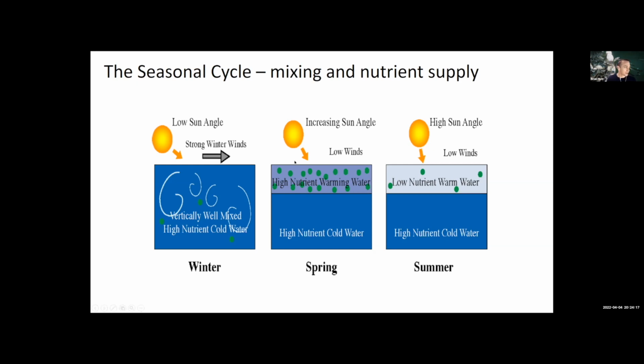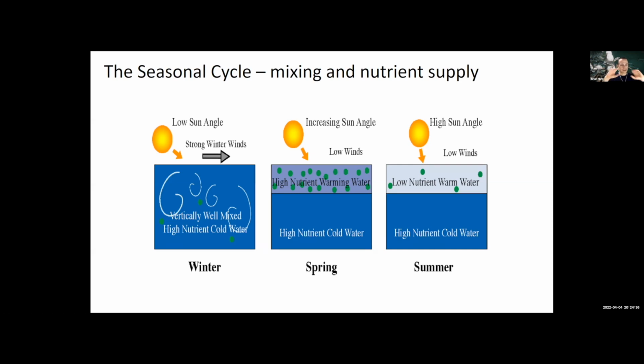So you get into spring, now the sun is higher in the sky, there's more light. We put a lot of nutrients in the surface because of the winter mixing. And then we start to get some warming and things stratify a little bit, and the phytoplankton get trapped in this beautiful, it's like for them, this is the best time of year.